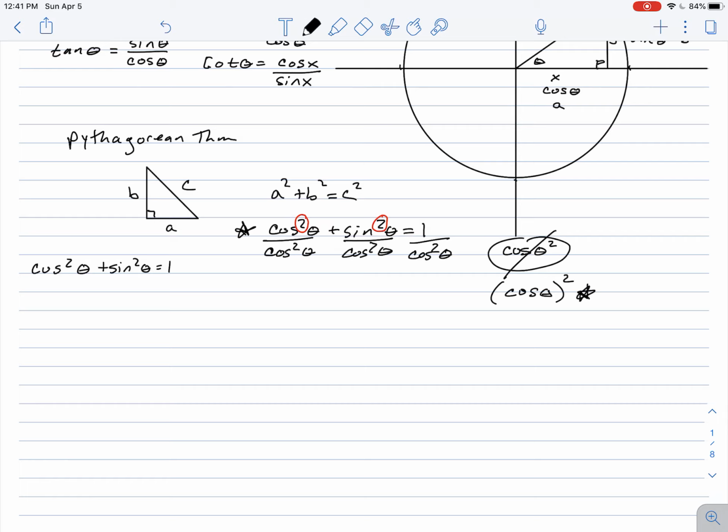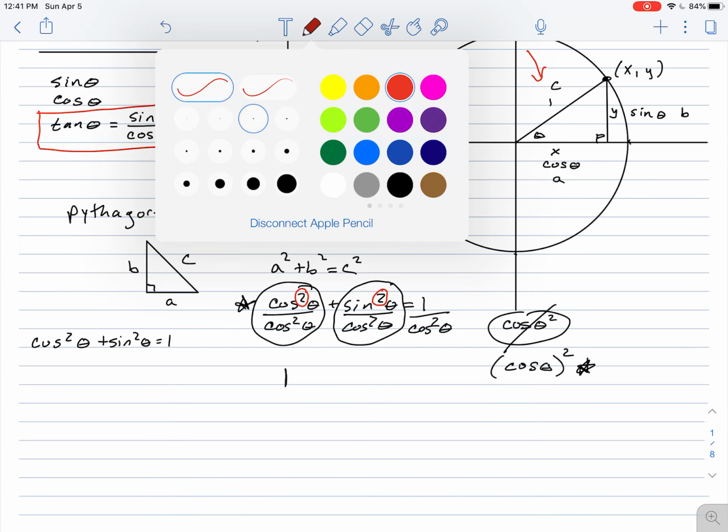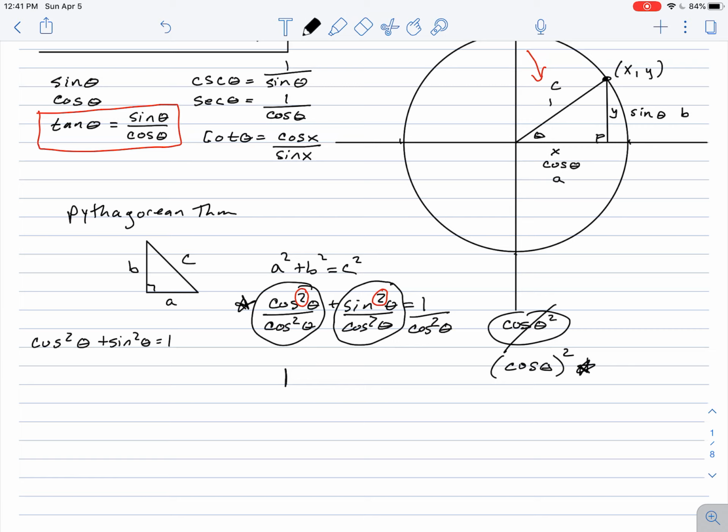And now let's reduce this. Cosine squared theta over cosine squared theta, well, that's 1. And sine squared over cosine squared, look back up here at how we defined our trig functions. Tangent is sine over cosine. So if I square the top and the bottom, the ratio is still equivalent. We are going to get tangent squared.